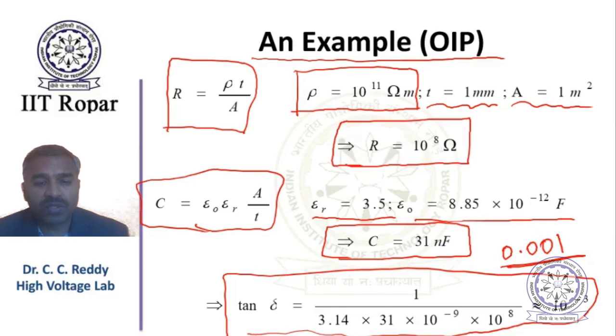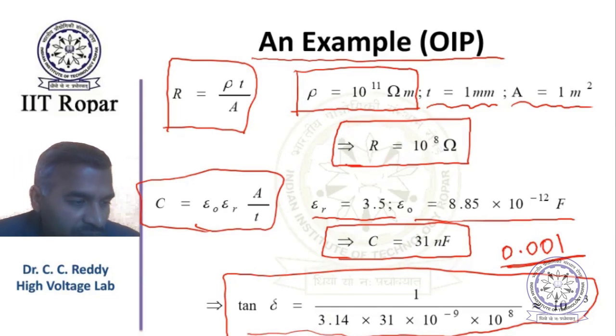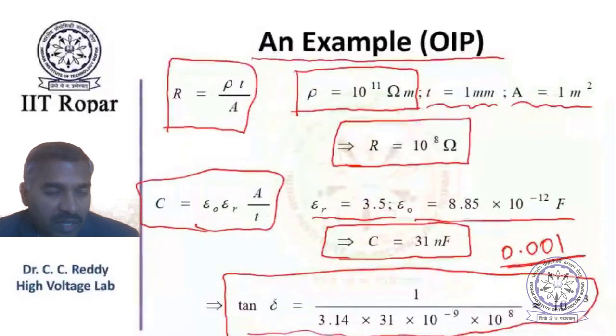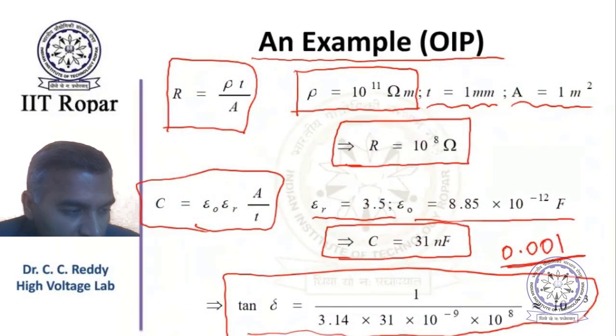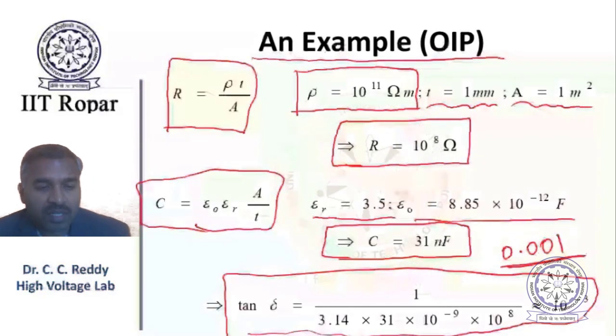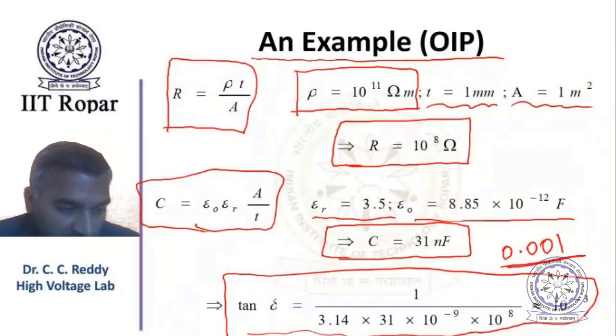The equivalent circuit that is mentioned is valid for a particular frequency. It is perfectly valid. If you want to make it frequency independent, then you have to represent R and C in terms of frequency actually.